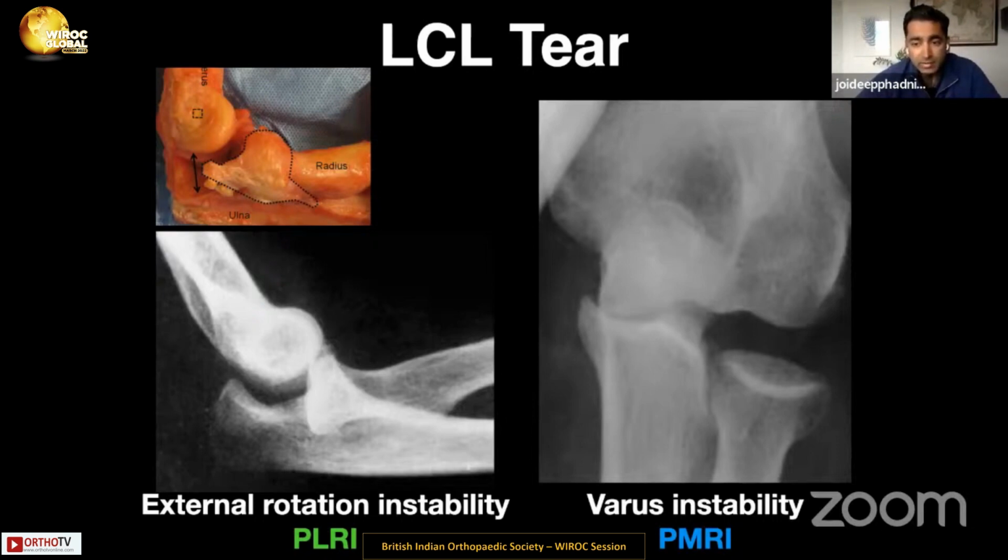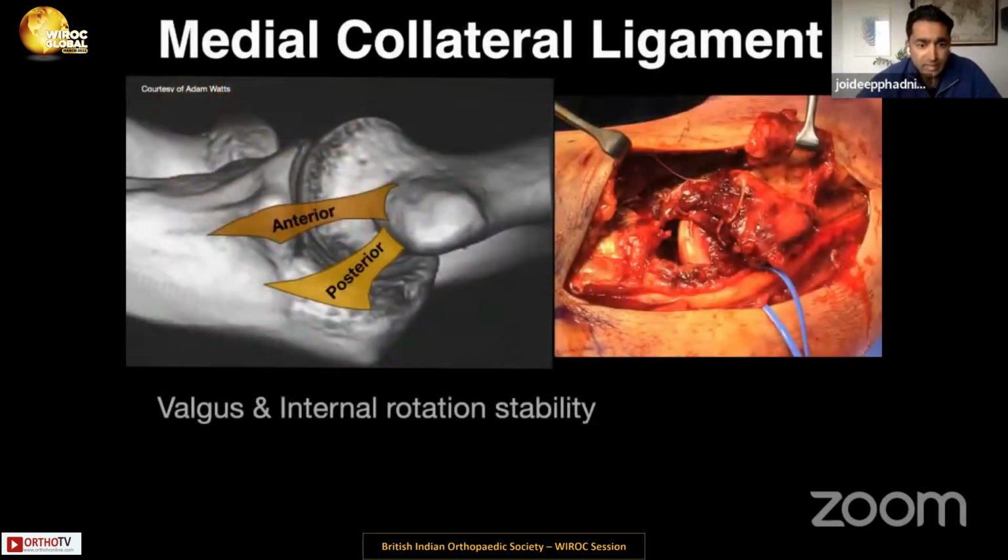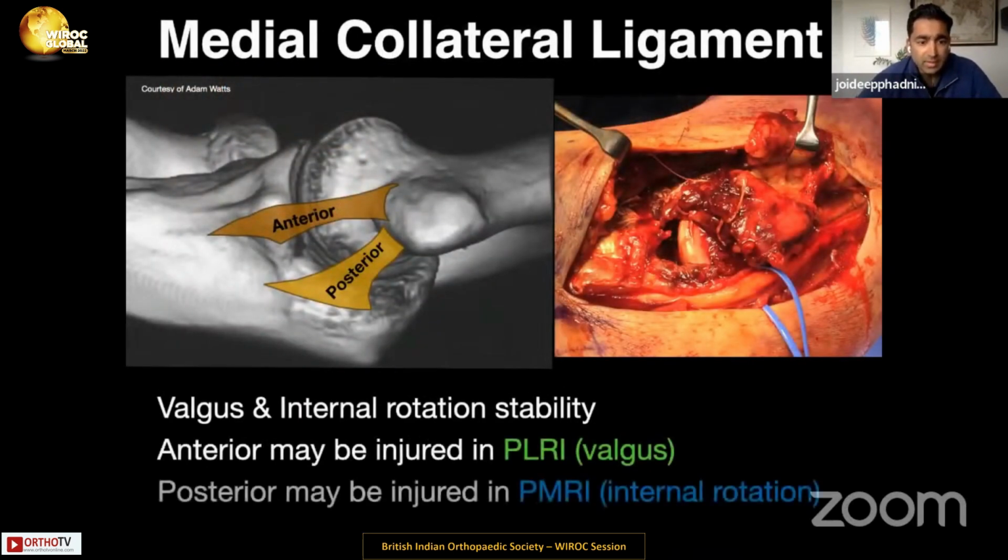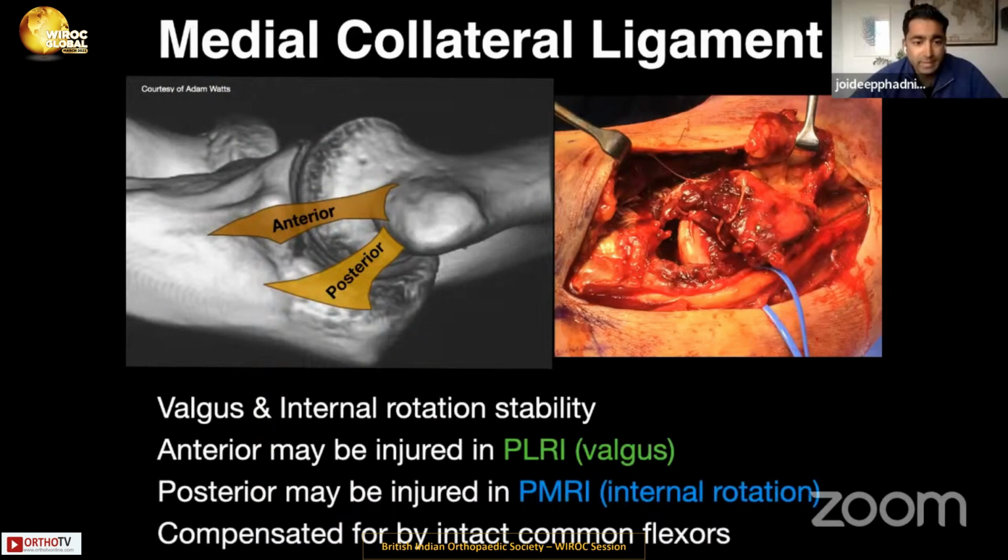Well, the medial collateral ligament is responsible for valgus stability of the elbow as well as internal rotation. And the internal rotation stability comes from the posterior part of the MCL, and the valgus stability comes from the anterior part of the MCL.